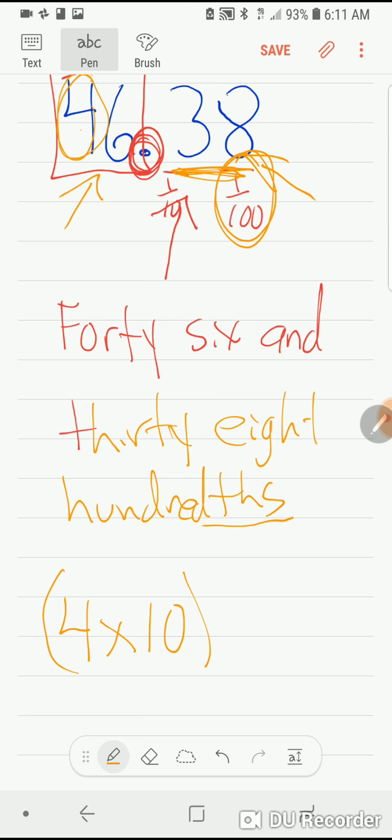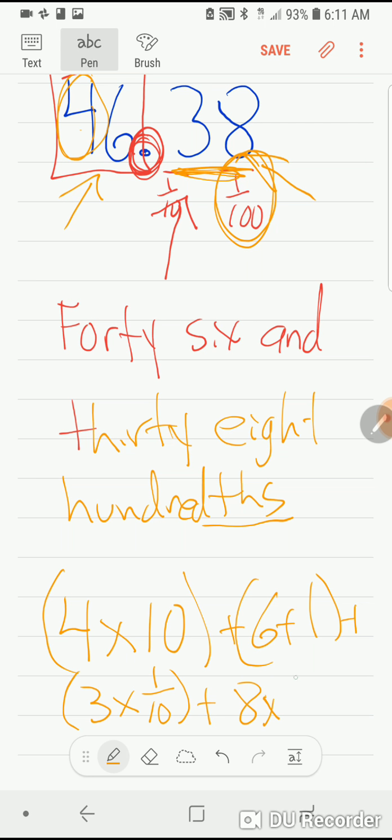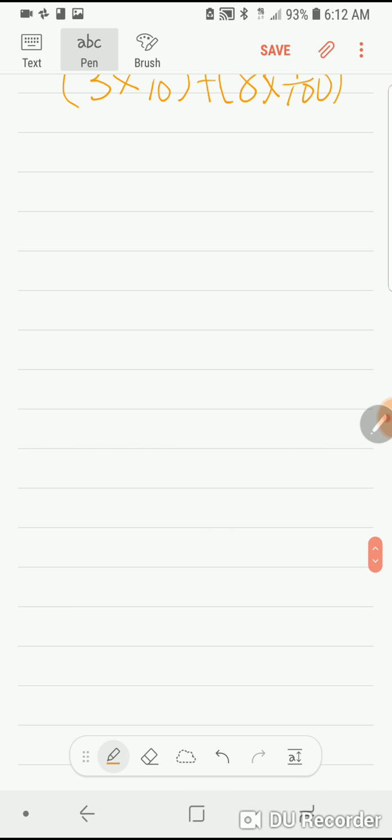So it's 4 in the tens, plus 6 in the ones, plus 3 in the, that's right, 1/10, plus 8 in the 1/100. So there's 5th grade expanded form for the number 46 and 38/100ths. Okay? All right, let's try another one.